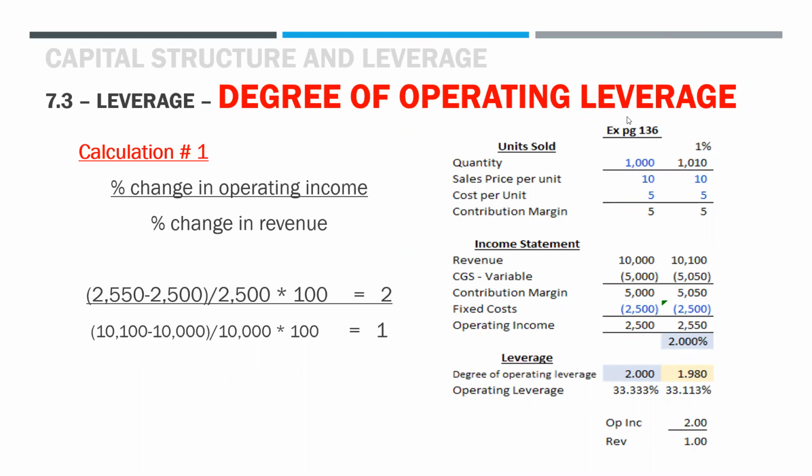So this is using a little bit of what's on page 136. Actually, we end up with a 2/1 degree of operating leverage. And this calculation can be done over time and done using different companies to compare those.